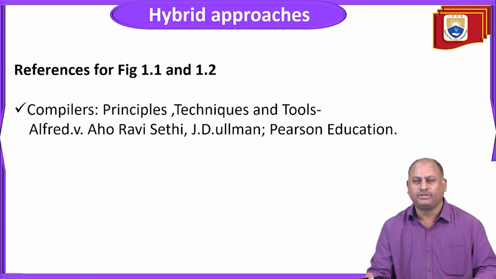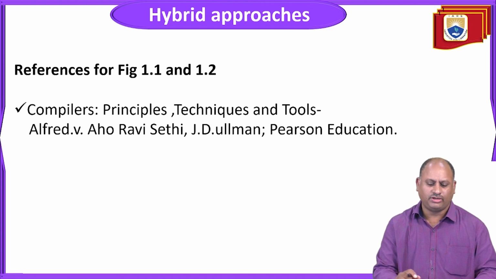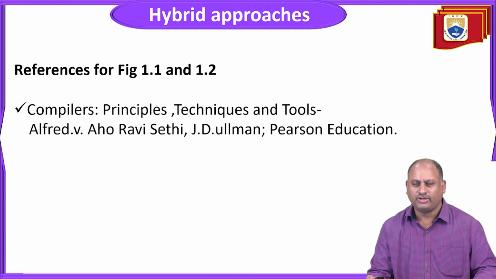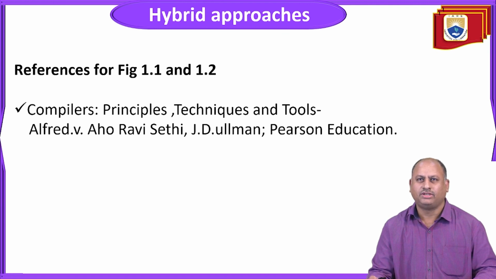The diagrams we used previously are available in the textbook Compilers: Principles, Techniques, and Tools by Alfred Aho, Ravi Sethi, Ullman, and others. There you can find these diagrams as a reference.